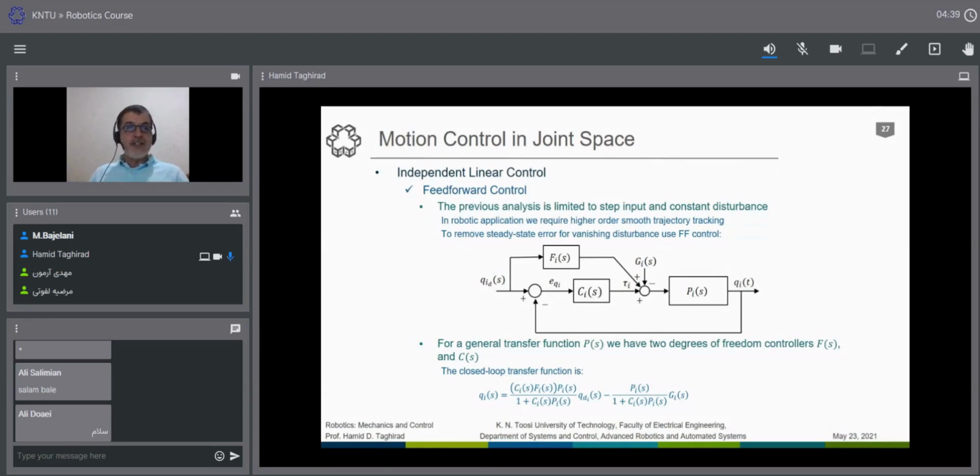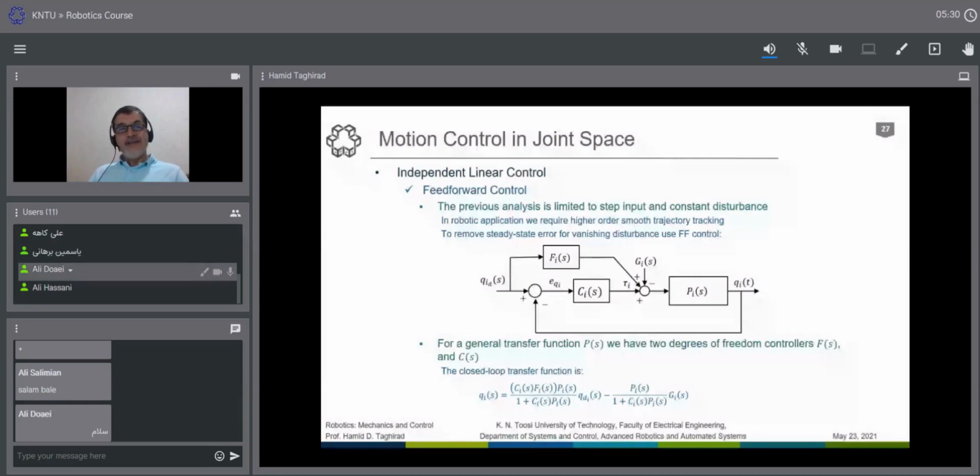In last session we discussed how we can use a simple PD or PID controller, which is the most frequently used controller in robotic manipulators, especially in industrial robotic manipulators. And we also showed that the weight of the robot, if it is not compensated by the mechanical structure or any other means of weight compensation, will cause either a steady error or a delay if we are using a PID controller.